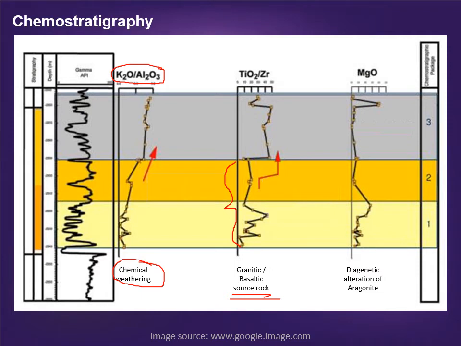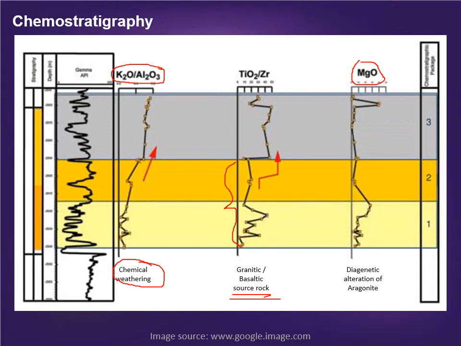Similarly, when a single element concentration is observed, suppose the concentration of magnesium oxide, when the magnesium oxide concentration is high, that indicates that the rock suffered a pronounced diagenetic alteration. That means alteration during diagenesis, during the solidification stage of the sedimentary layers, after the deposition of the sediments.